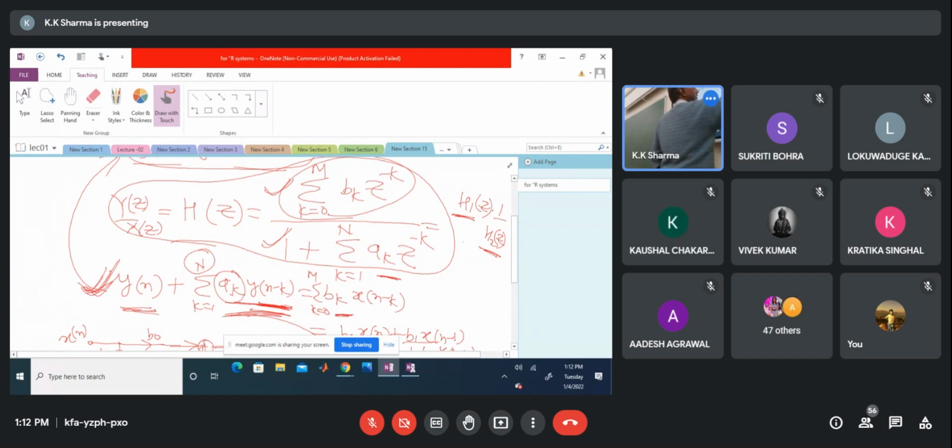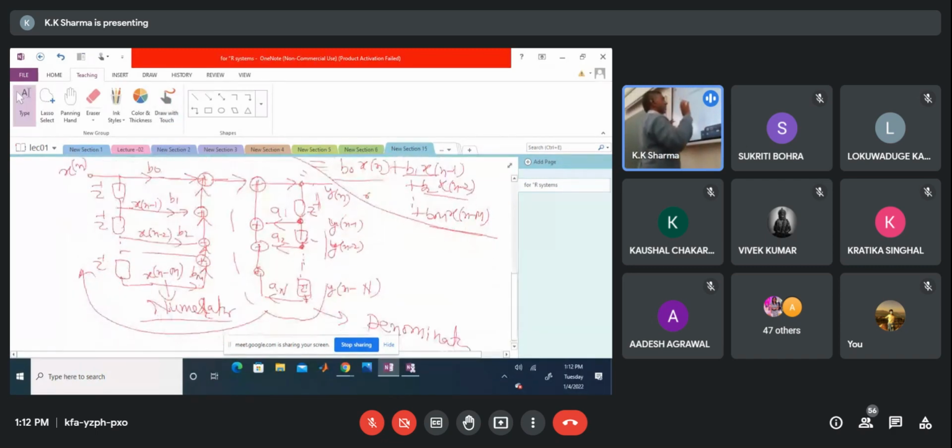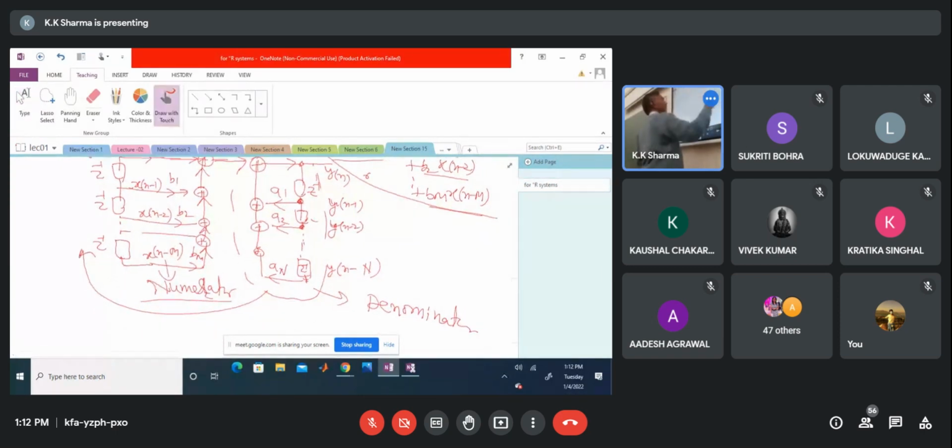Whether I implement this portion first or this portion, the cascade will not affect the results. Is it clear? So what is the modification in direct form 2? How to obtain direct form 2 from direct form 1? You are shifting this entire block, which is implementing the poles, from the output to the input side.